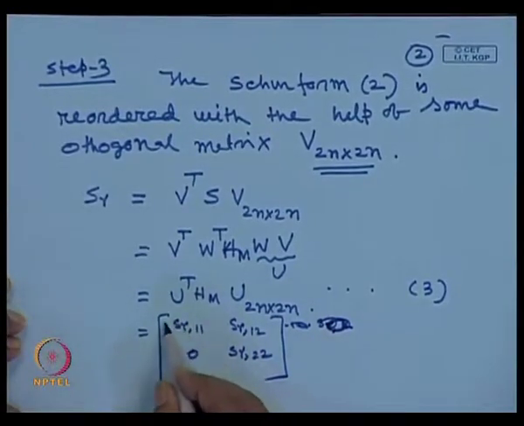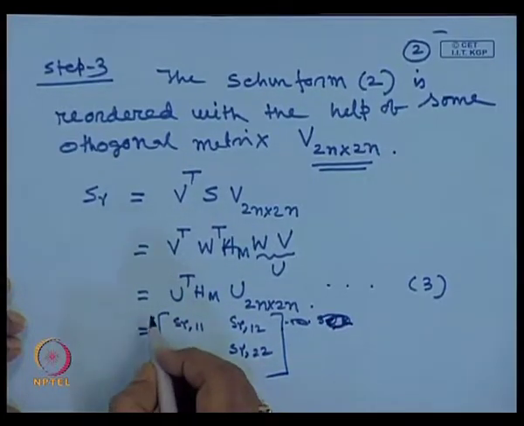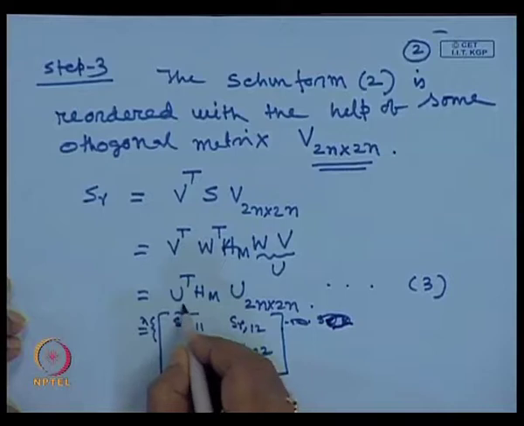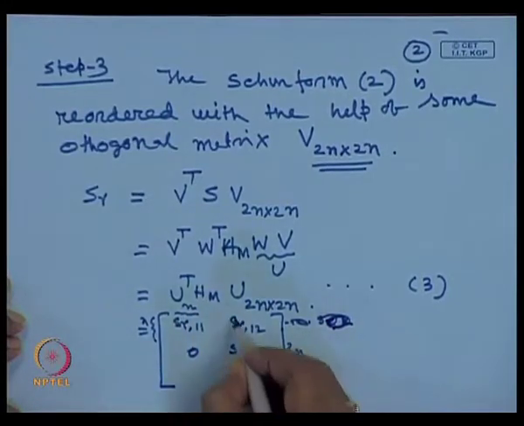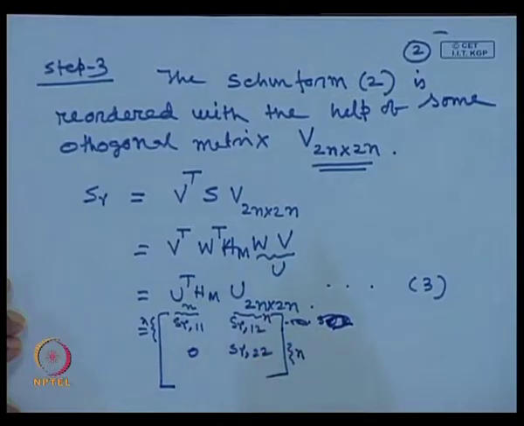What does the SR 11 block mean? This is n cross n, n rows and n columns.